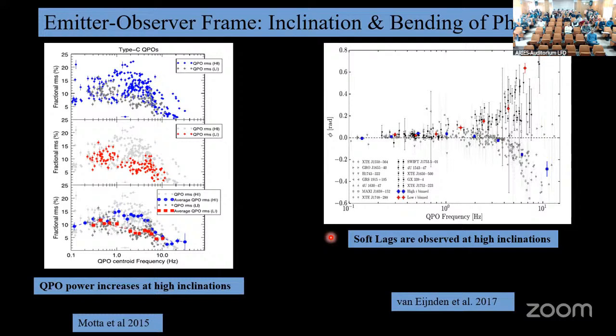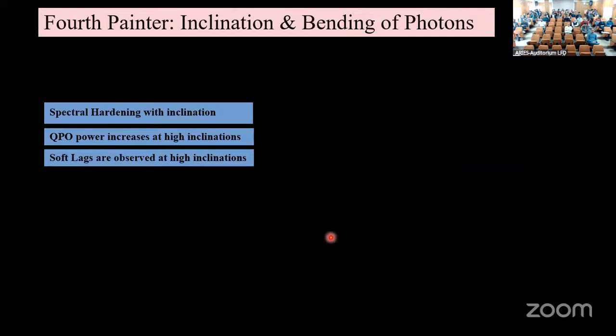On the other hand, the time lags on the QPOs show negative lag for high inclination sources and rarely show negative lag in low inclination sources. So these are two aspects that can be assessed from the emitter observer frame transformation.